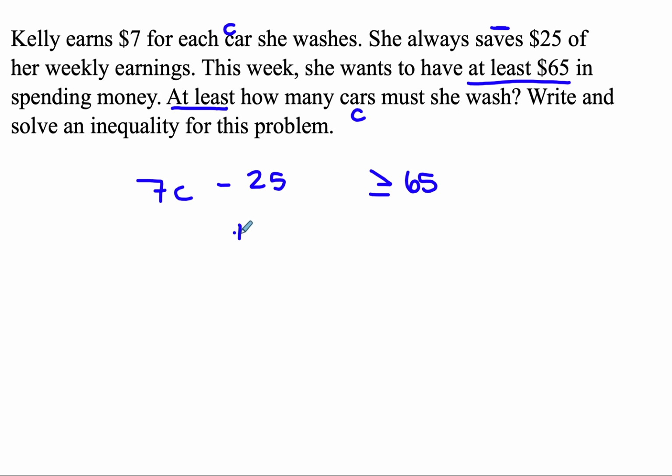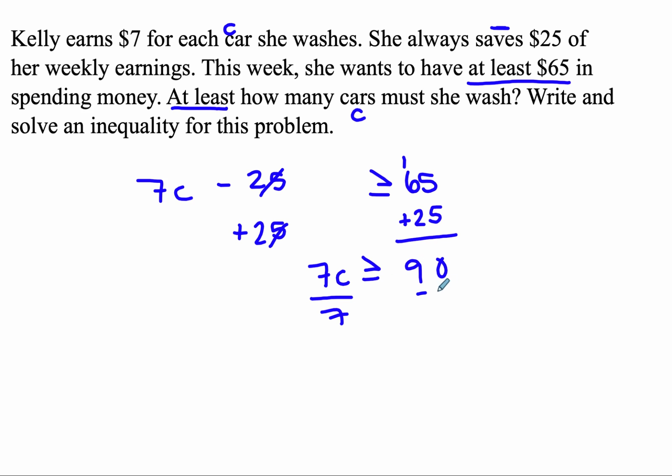We're going to get rid of that 25 by adding 25. So I have 7C is greater than or equal to 5 plus 5 is 10, 1 plus 6 is 7 plus 2 is 9. Now I need to divide both sides by 7.